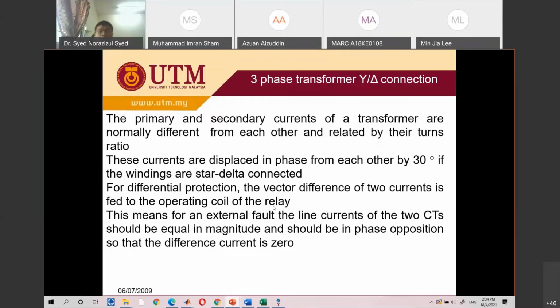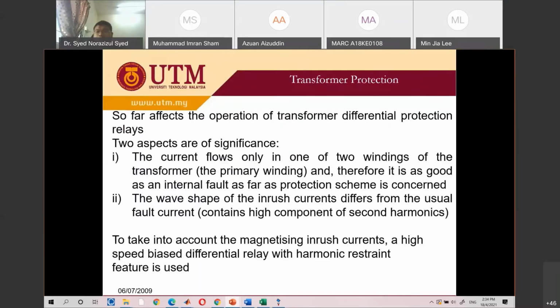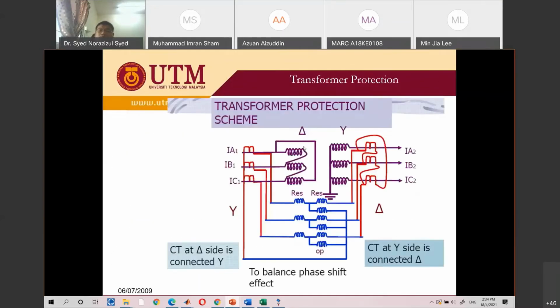Basically, this means for an external fault on the line, the current of the two CTs should be equal in magnitude and in phase opposition so that the differential current is zero. For example, if you have a delta at the primary side and a star at the secondary side, the secondary CT connection should be in this form.